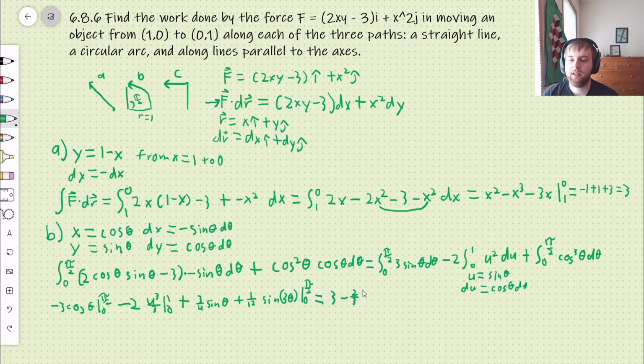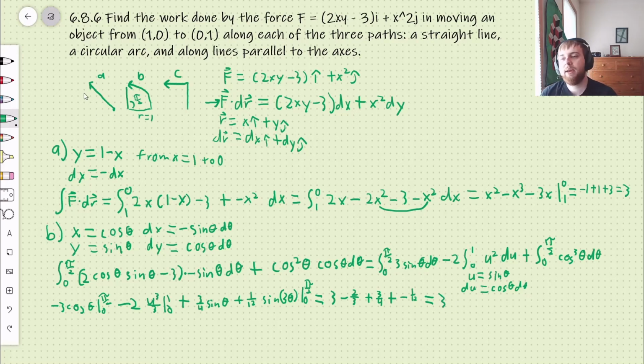Sine is 1 at pi over 2 and 0 at 0, so this is plus 3/4. And this last one is negative 1 at 3 pi over 2, so it ends up being a negative 1/12. When you add these all together, these add together to be a 3/4, and it cancels out with this one, so you end up with 3.